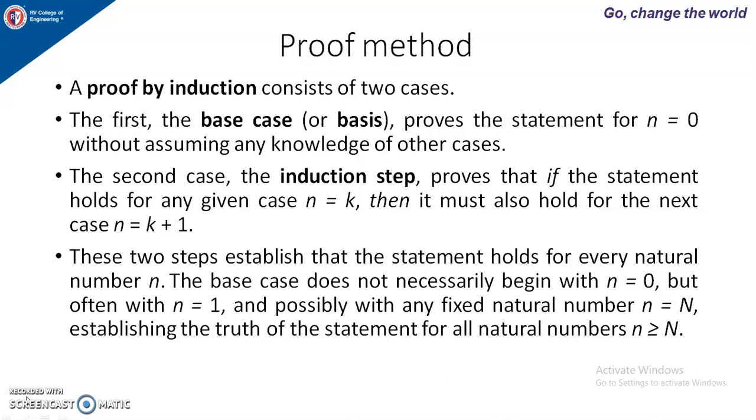These two steps establish that the statement holds for every natural number n. The base case does not necessarily begin with n = 0, but often with n = 1, and possibly with any fixed natural number n = n0, establishing the truth of the statement for all natural numbers n greater than or equal to n0.